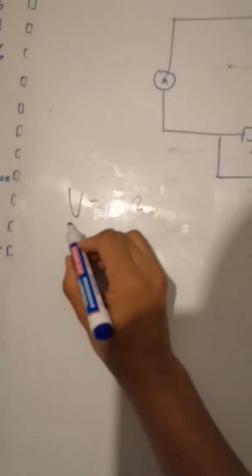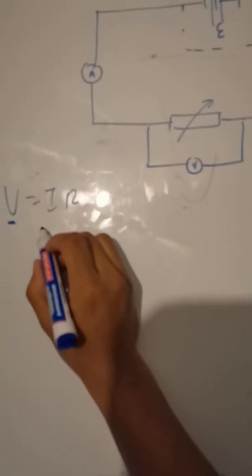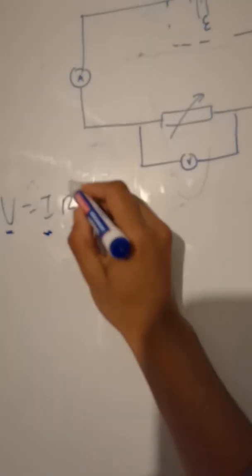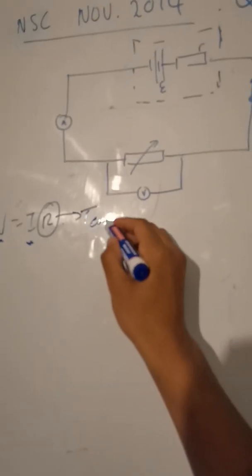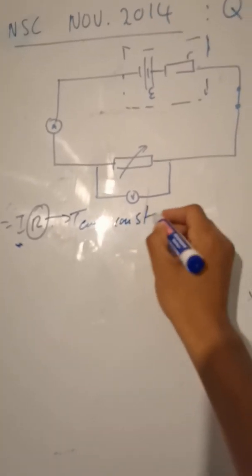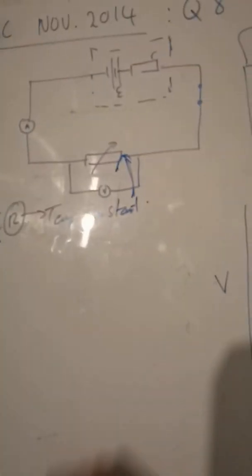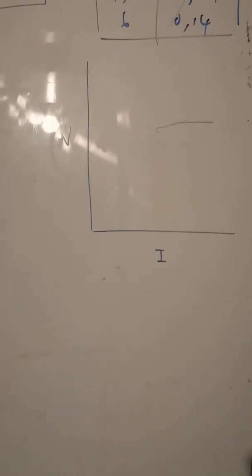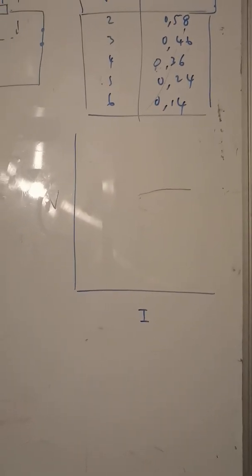So if you want to identify the relationship between voltage and current, the resistance must remain the same, or rather, the temperature must remain constant, because temperature will affect the rheostat. So temperature must be kept constant in this experiment.